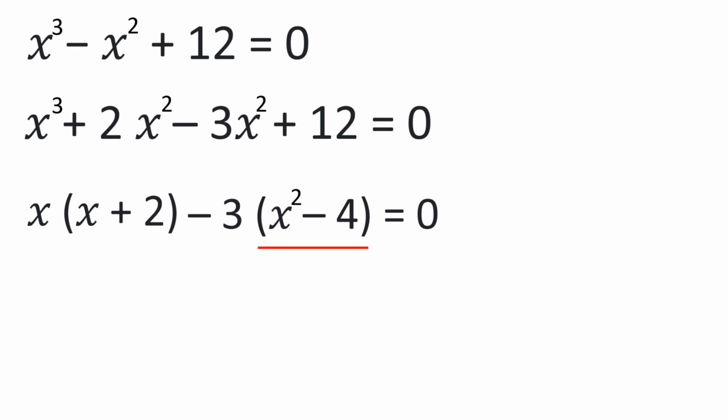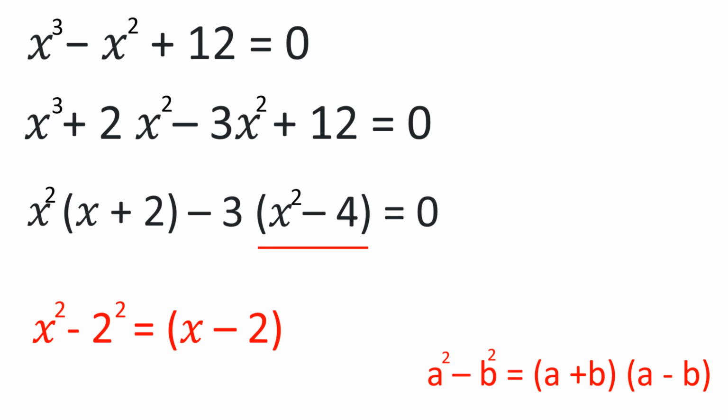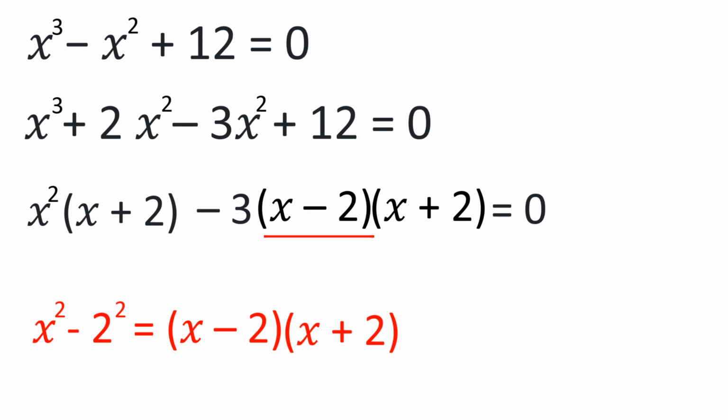Next, this x squared minus 4 can be written as x squared minus 2 squared, which is of the form a squared minus b squared, which is equal to a plus b times a minus b. And hence, it can be written as x minus 2 times x plus 2. So far, so good.